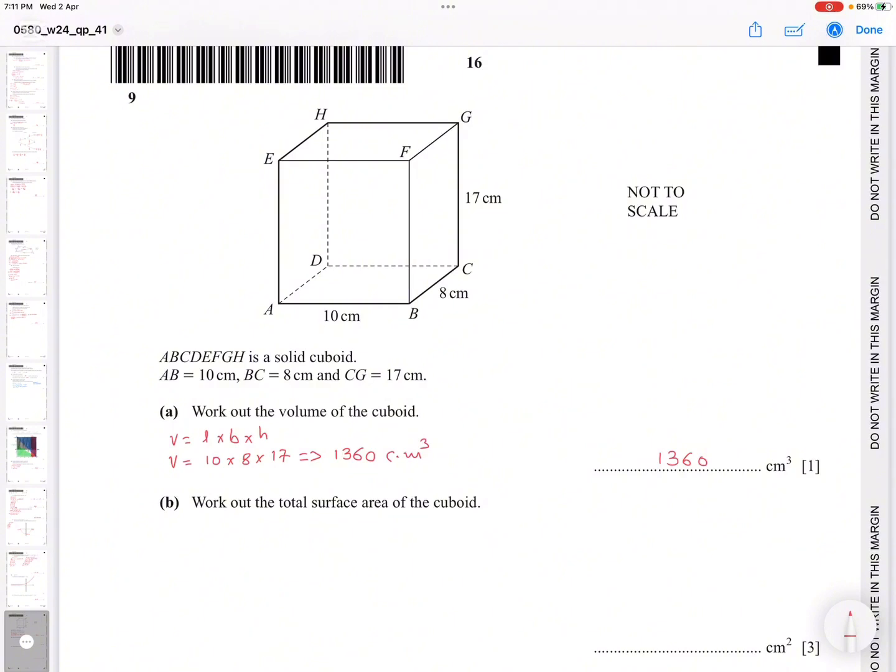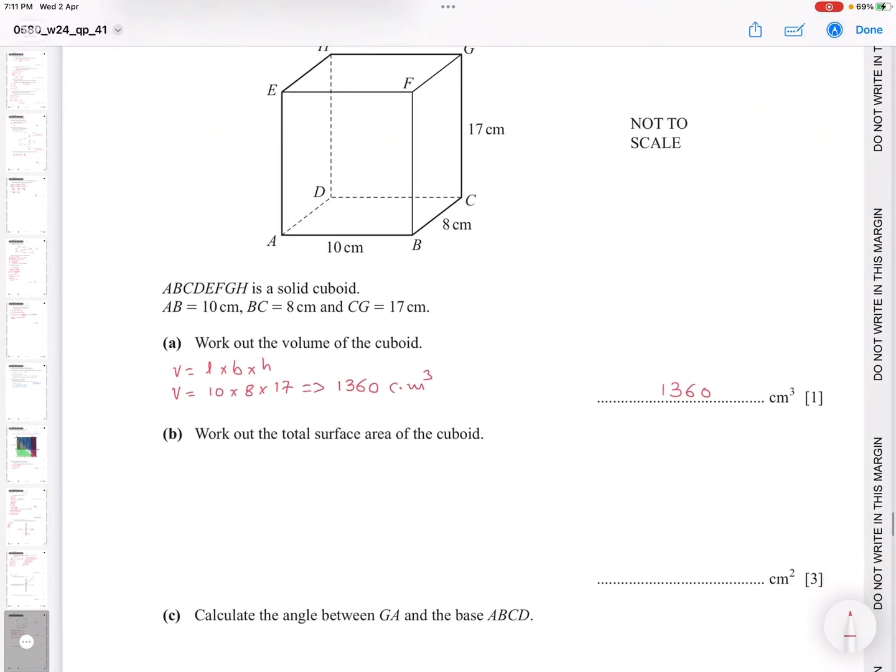Work out the total surface area. So area of ABFE, the front face.